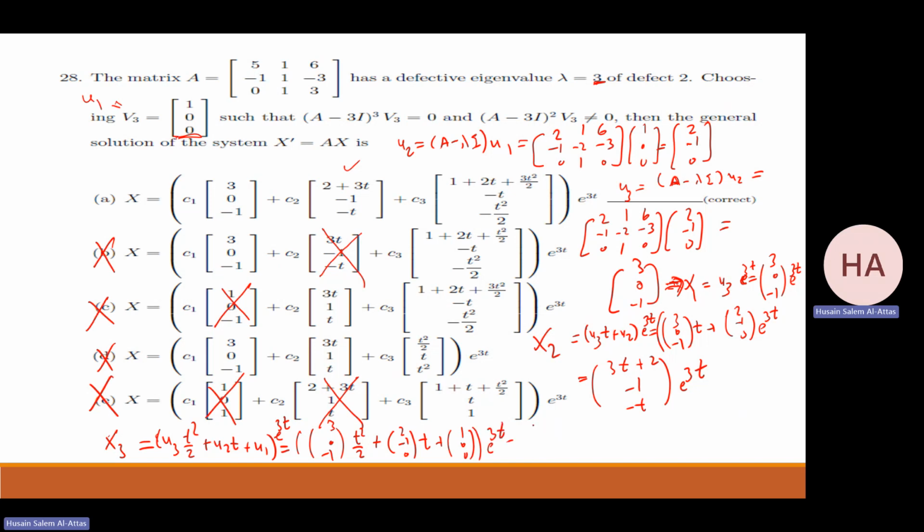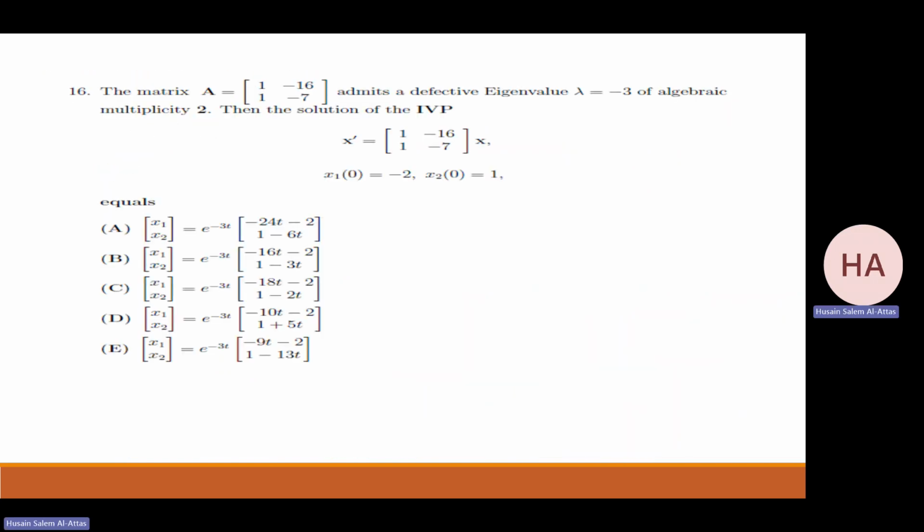That will give me 3t squared over 2 plus 2t plus 1, minus t, and the last one minus t squared over 2, 0, 0. That will be x3, which is this one. Yeah, for sure, the general solution x will be c1 x1 plus c2 x2 plus c3 x3.